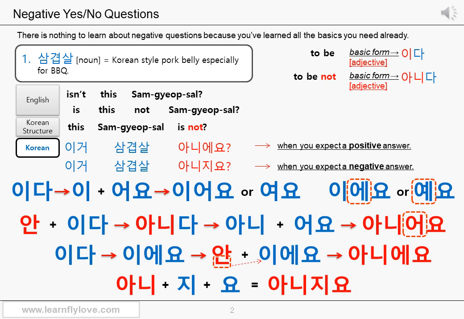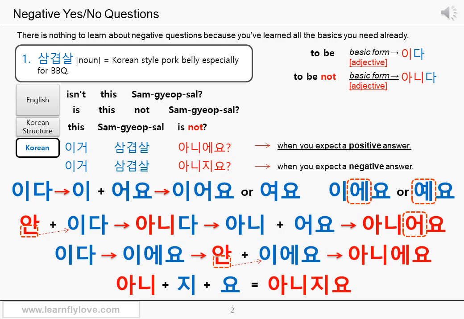Therefore, the negative form 아니다 works like be not when it is used to say the subject is not a complement. 아니다 comes from the negative adverb 안, which works like the English negative adverb not, plus 이다. 안 plus 이다. 아니다. And then the final ㄴ consonant of 안 goes up to 이응, the empty consonant in the next block, and it becomes a one word 아니다.